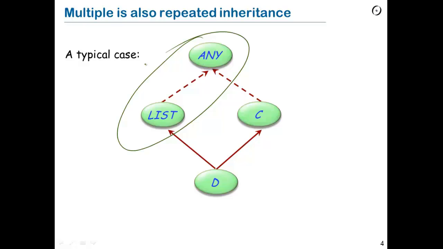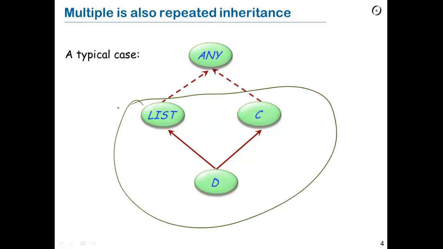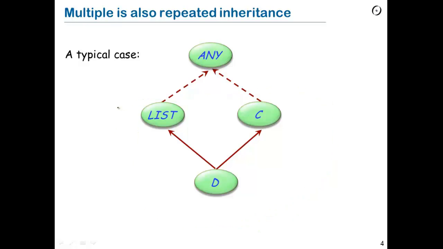So as soon as we have multiple inheritance in such a scheme, then because all the classes that serve as parent, in this example list and C, are descendants of a common class any, it means that multiple inheritance implies repeated inheritance. And so we are going to have a possible problem if some of the features have been redefined.